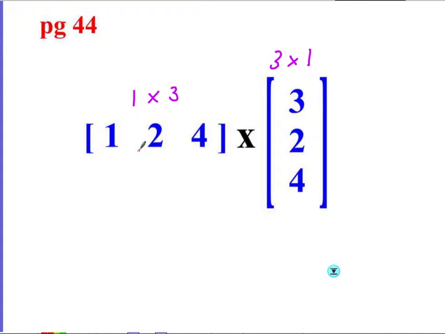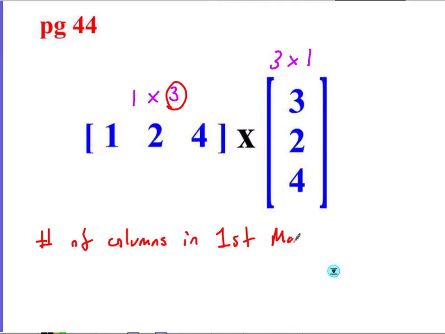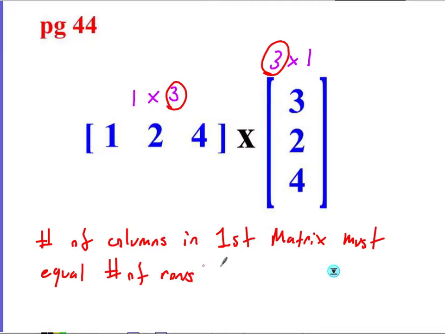Now, there's something very important in order to be able to multiply matrices. In order to multiply a matrix, the number of columns in the first matrix must equal the number of rows in the second matrix.